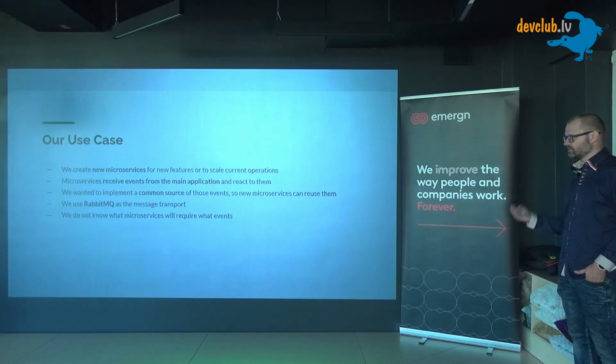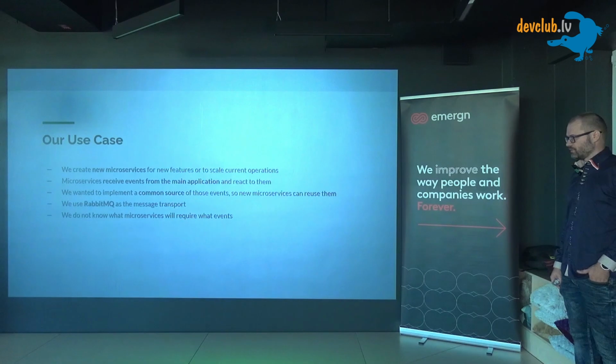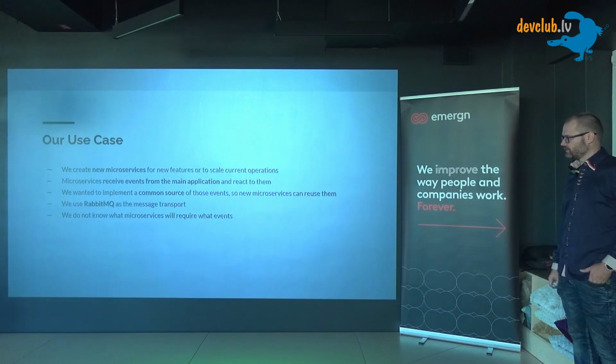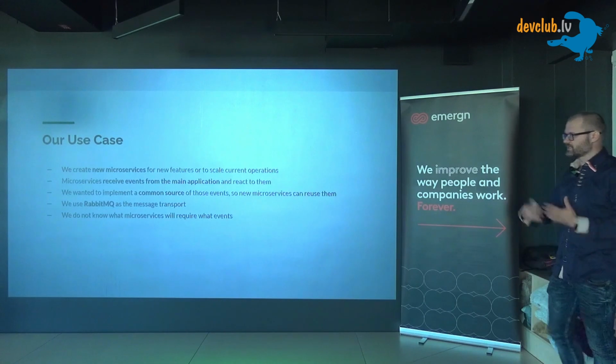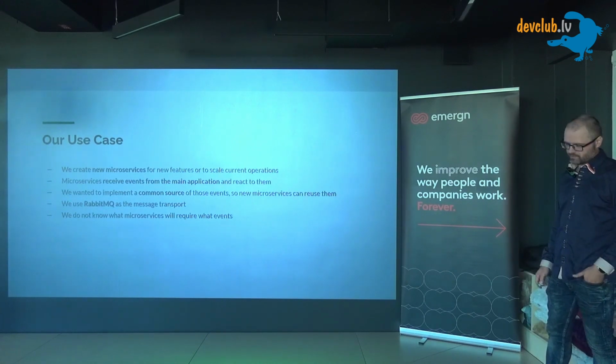And with this common source of events, we do not yet know what microservices will be using this source in the future. So we are not sure what events we need to provide. Probably there will be more events than we have now, so we have to have it extendable, so we can add more events in the future.